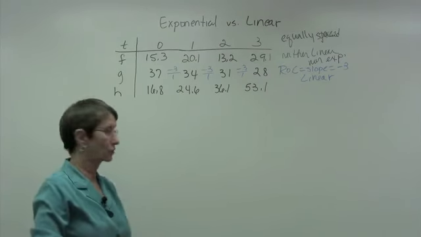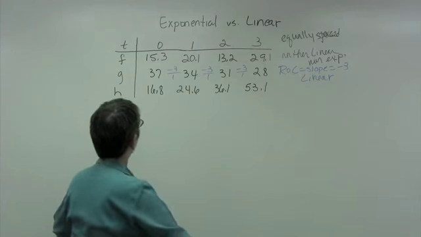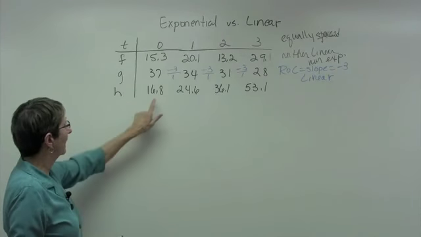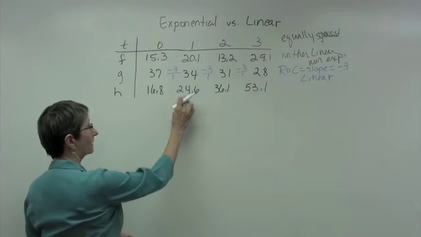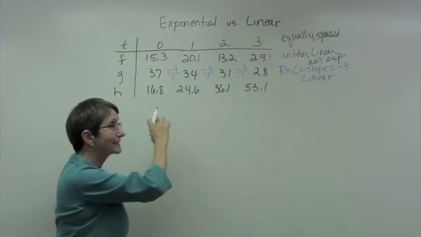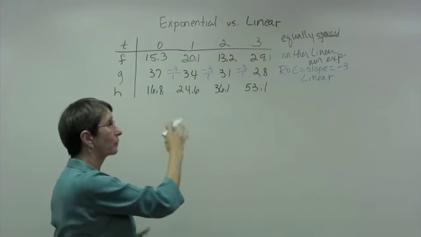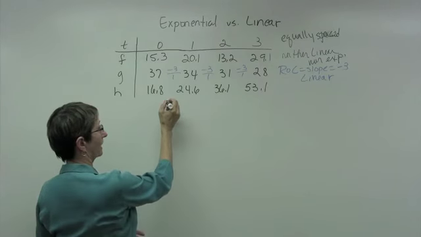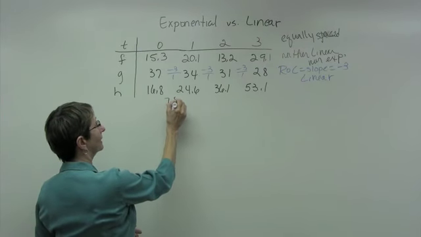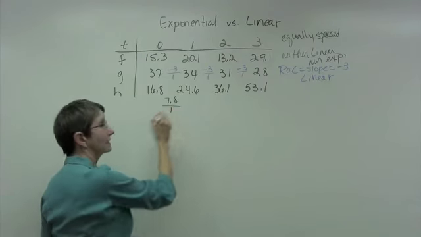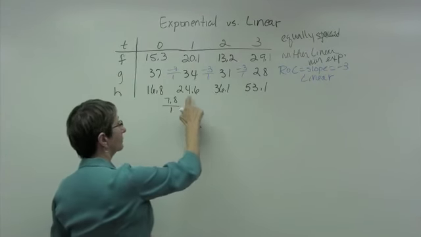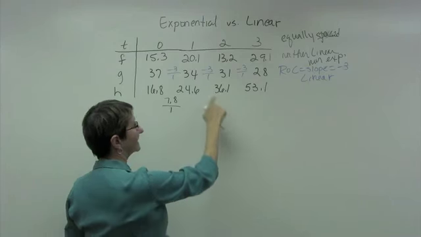So let's look at h. For my numbers for h, if I just do my rates of change, I would do 24.6 minus 16.8, which is 7.8. It's an increase, again, over 1. But from 24.6 to 36.1, that's bigger.